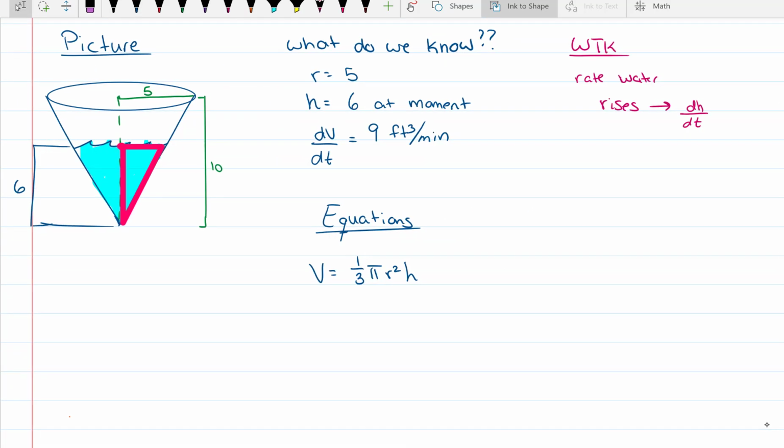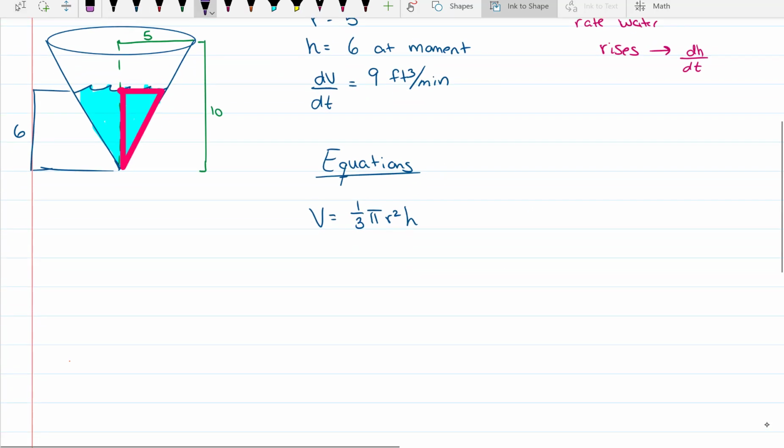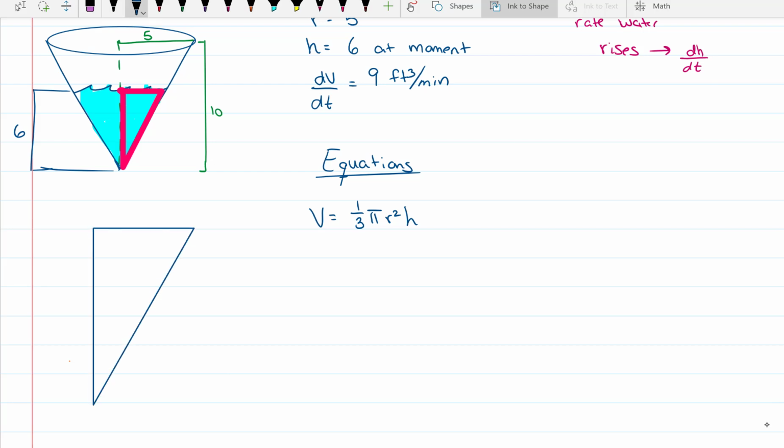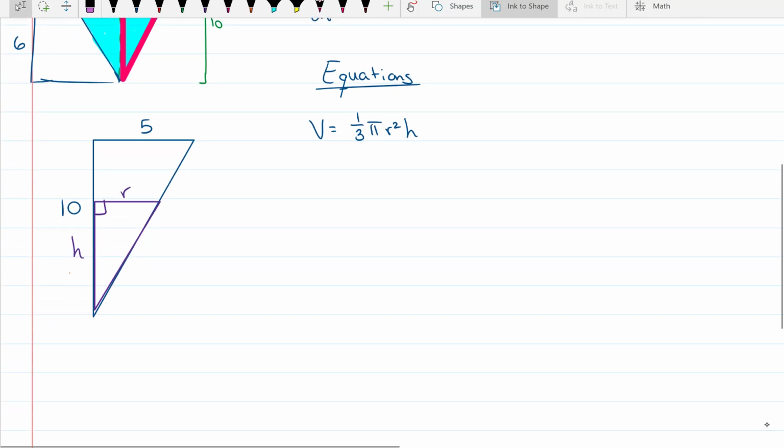So we're going to use what we know about similar triangles. I have a big triangle, where this is 5 and this is 10. And then I have a smaller triangle where this is h and this is r.